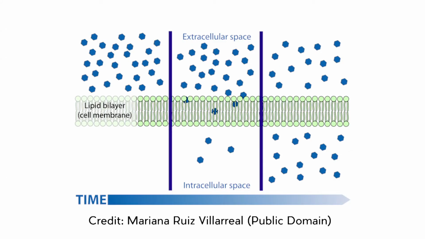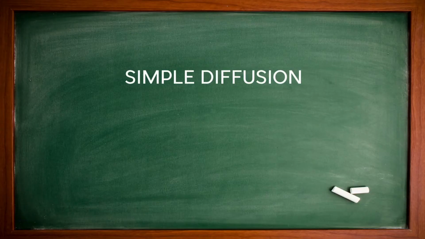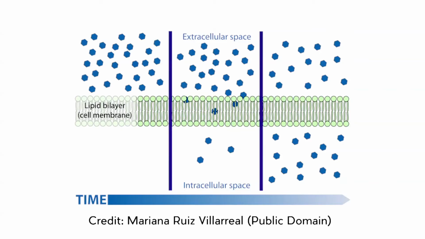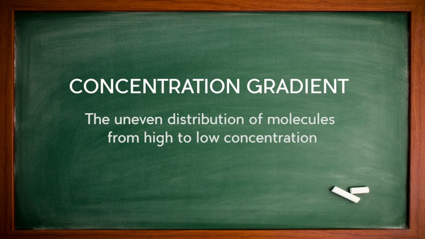In this diagram, we see an example of simple diffusion across a cell membrane. In the left portion of the diagram, you'll see the particles are all concentrated on just one side of the cell membrane, which means that we have a concentration gradient.